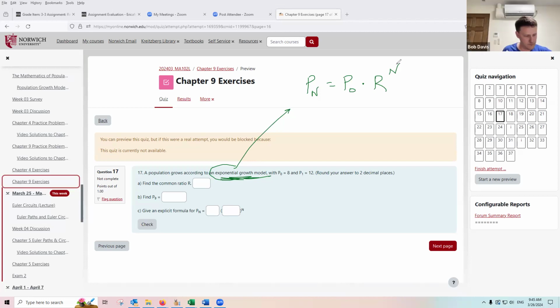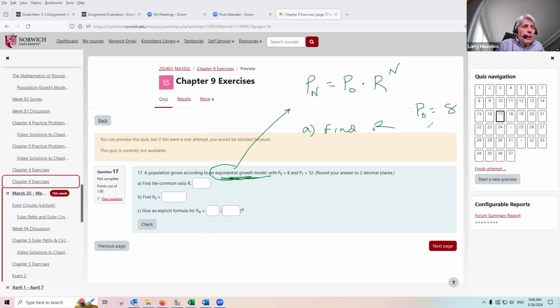And so what we want to figure out here, part A says, what is capital R? And notice they're giving us P sub 0 and P sub 1.